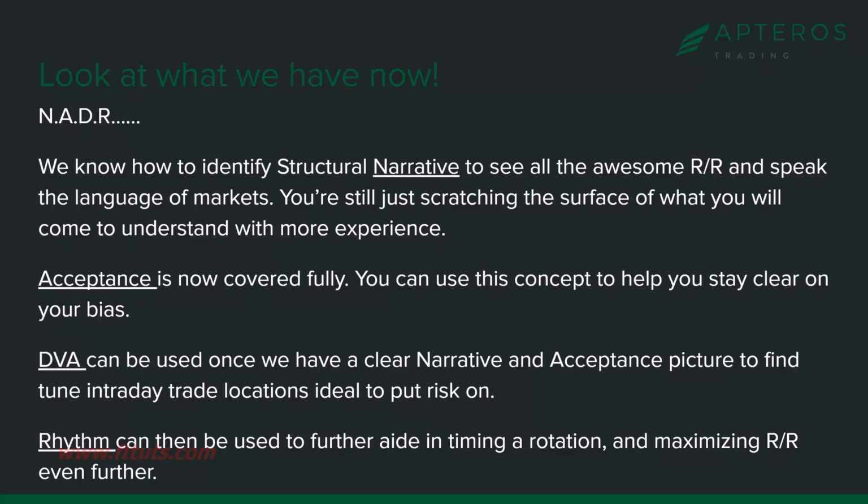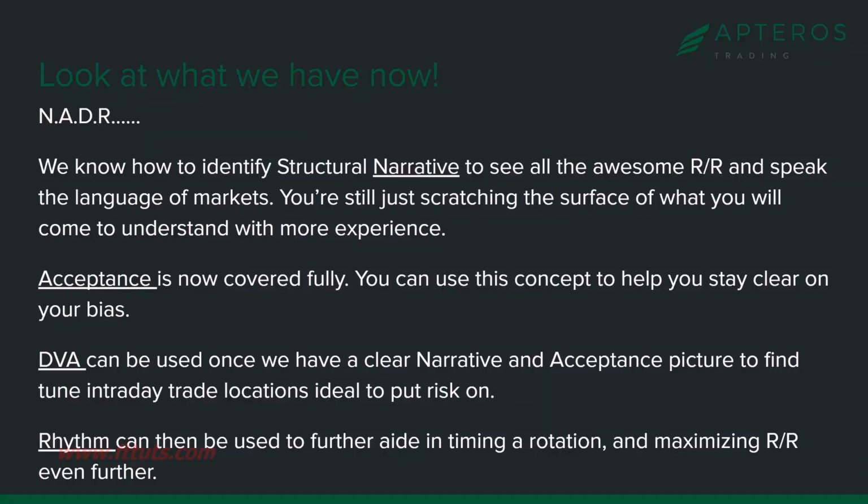In DVA, developing value area, once we have some kind of a trade idea from narrative, and once we have acceptance that says, okay, we've accepted below the level, now you can look short. If we're looking short, we could fade an upper extreme of DVA, or we could go with an imbalance down in DVA.